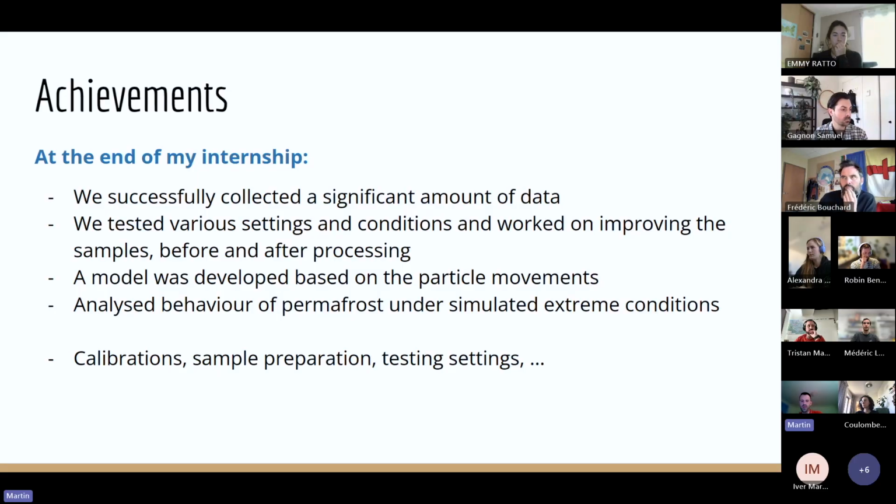We were experimenting with different settings. At the beginning, we were also improving the whole big box, trying to find the best conditions to make the experiments work. So this was my role.